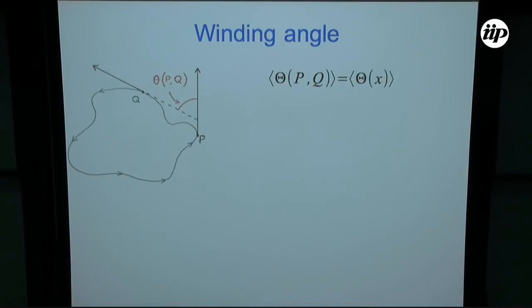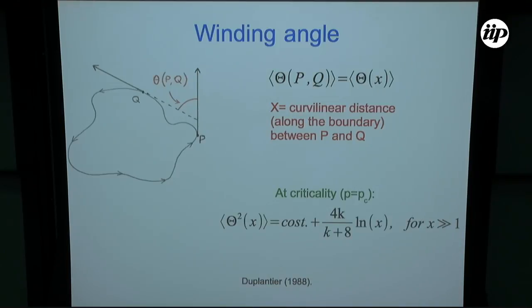On average, this angle, of course, depends only on the distance along the perimeter between these P and Q points. And at criticality, there is this exact result, which says that the squared winding angle, on average, grows logarithmically with a constant k here, which is known to be equal to 6 for random percolation.